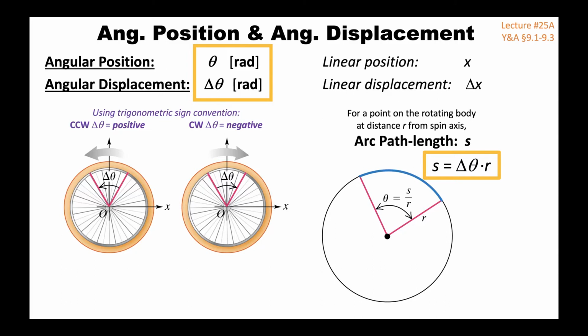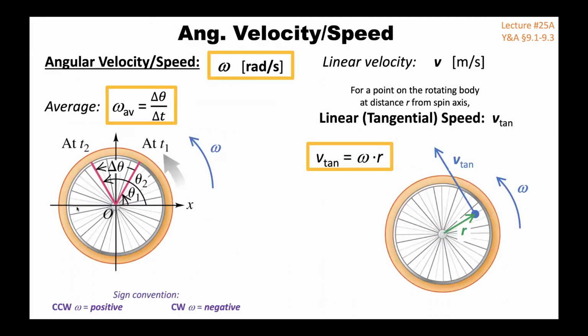All right, let's consider now how fast this wheel is turning. So that takes us to the quantity angular velocity, also known as angular speed or angular frequency. Those terms are all used pretty interchangeably. And the variable we use for that is a lowercase Greek omega. And we've already met this before when we were talking about circular motion.